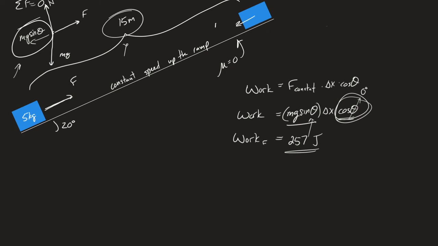That's the direction of mg sine theta. And what direction did the box go? That would be this way. What's the angle between those? 180. This should have been mg sine theta, the component of gravity down the ramp, 15 meters, times the cosine of 180 degrees.